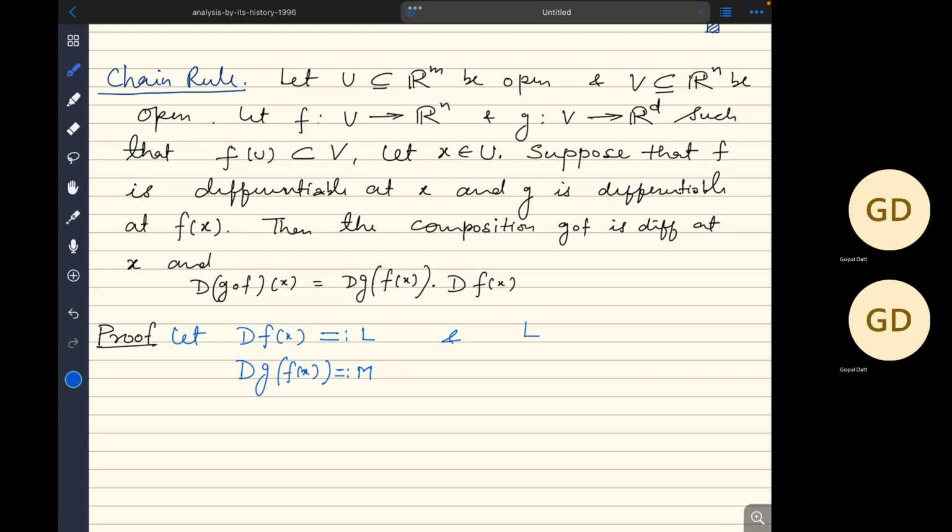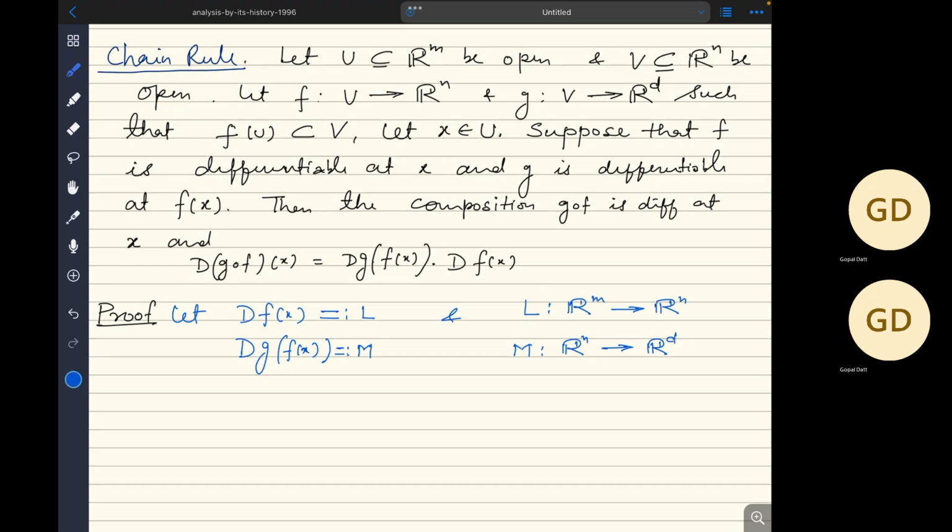L is a linear transformation from Rm to Rn, and M is a linear transformation from Rn to Rd. ये हम जानते हैं क्योंकि डेरिवेटिव ऑफ फंक्शन इज गिवन बाय ए लीनियर ट्रांसफॉर्मेशन. उस लीनियर ट्रांसफॉर्मेशन को हम L और M से डिनोट कर रहे हैं.